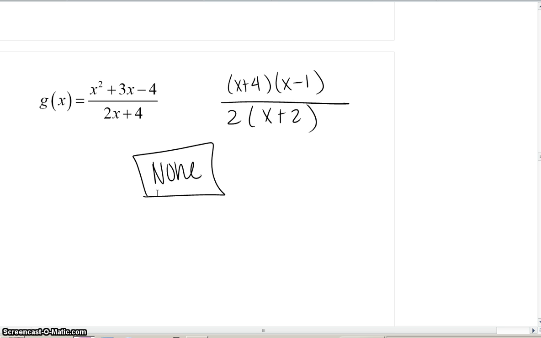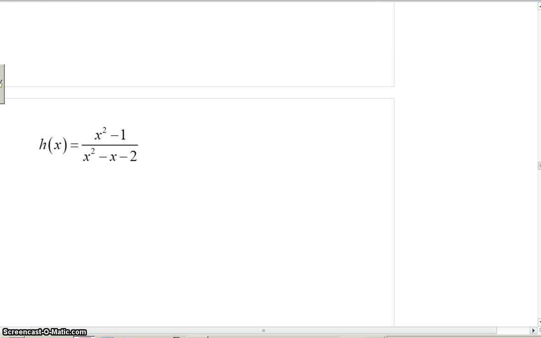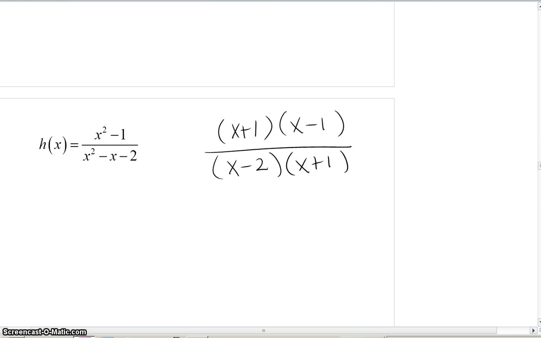Okay, now flip it over. Again, take a moment to factor this out. When you factor this out, you get (x plus 1) times (x minus 1) over (x minus 2) times (x plus 1), which means that we have a hole here at -1.